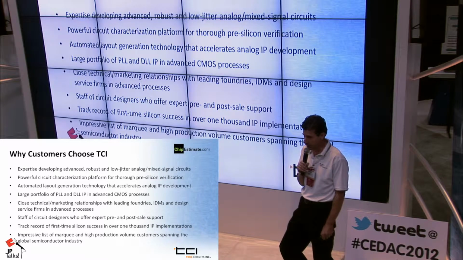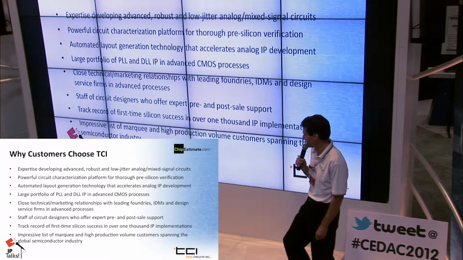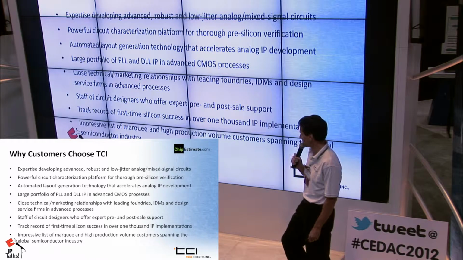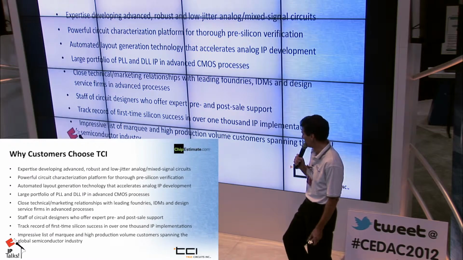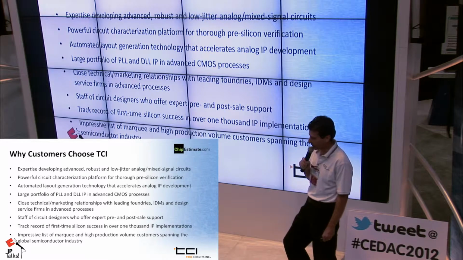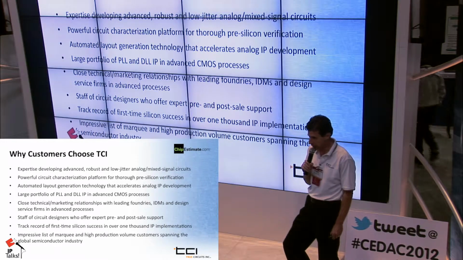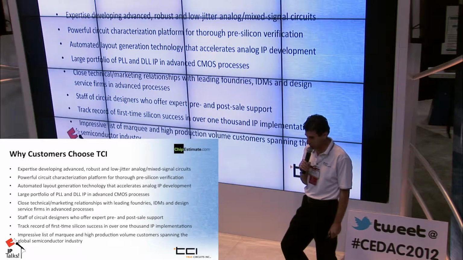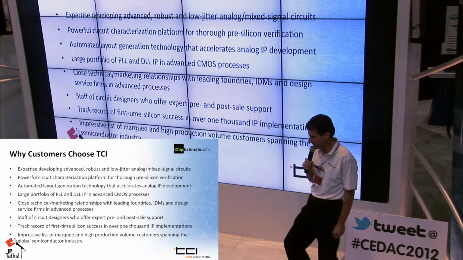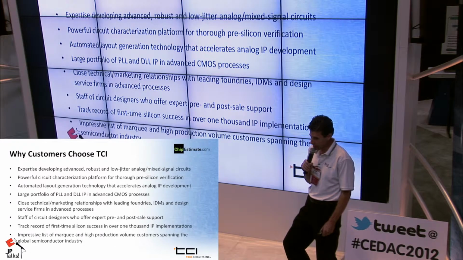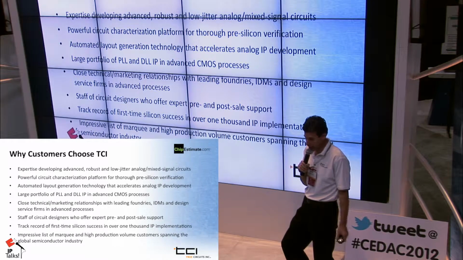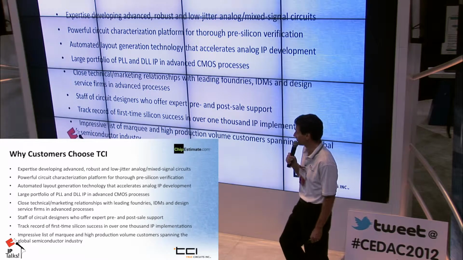We've gone through a very large number of chip implementations, probably more than 1,000, and have an excellent track record for first-time silicon success. We design test chips to fully validate our IP, but we design it to work on first silicon, whether it's a test chip, a production chip, whatever it is.